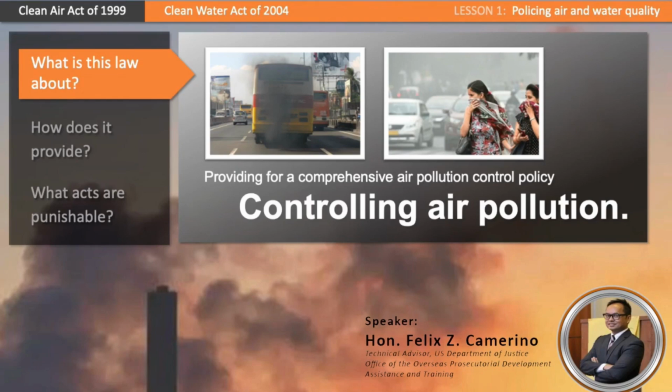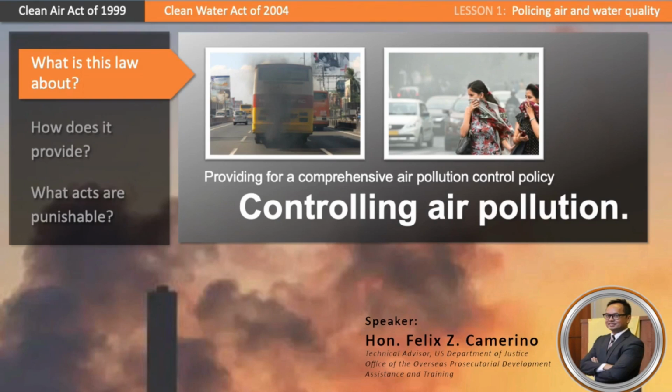Now, these Brown laws are a little different in their focus. They're focusing not necessarily on a specific resource, but on the need to control the pollution in those resources. Unlike the other laws, you might recall, in green laws it was about protecting flora and fauna, including wildlife, and then the blue laws, the same thing.